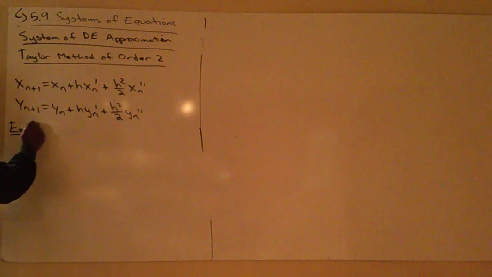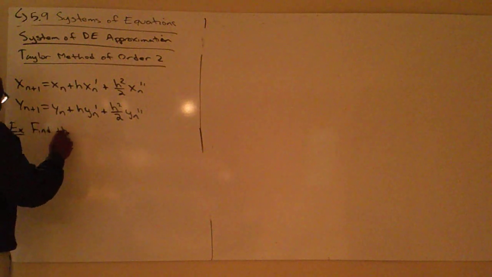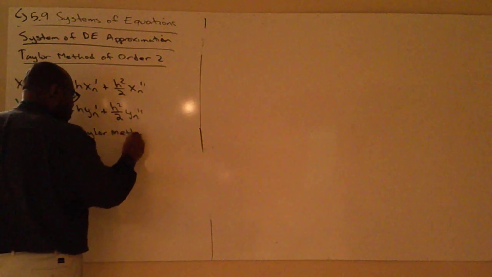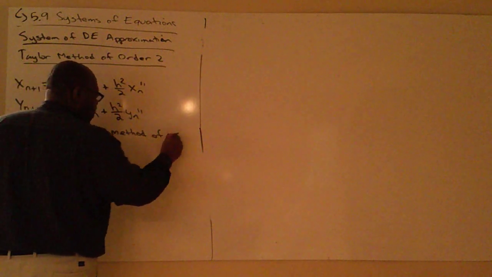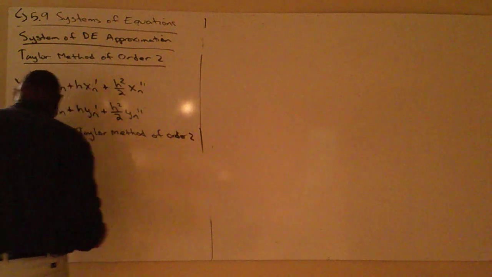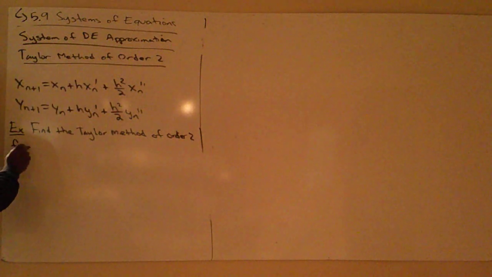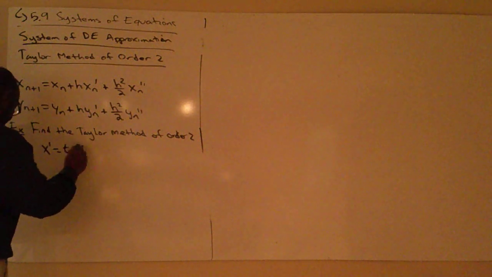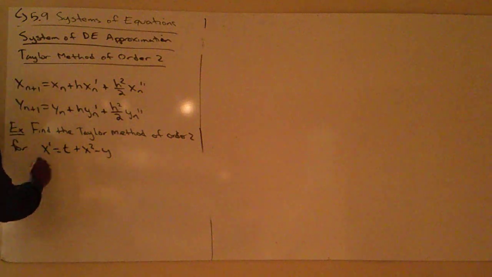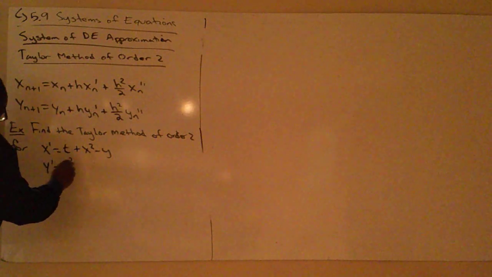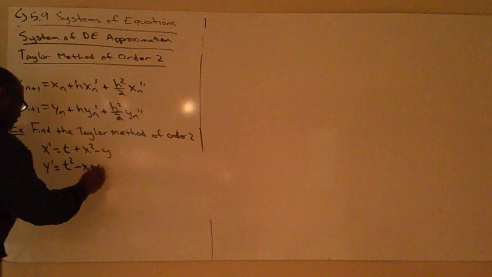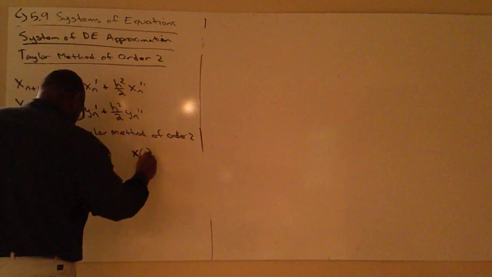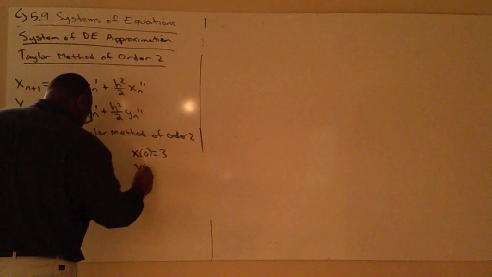I want to find the Taylor method of order 2 for, and we're going to do the same one we did before: x prime equals t plus x squared minus y, y prime equals t squared minus x plus y squared. x of 0 is equal to 3, y of 0 is equal to 2.